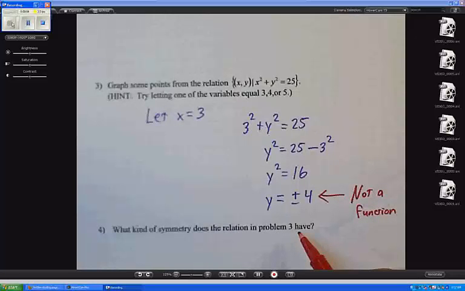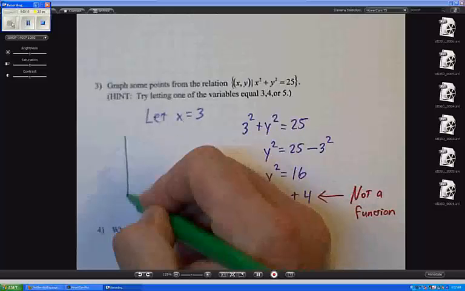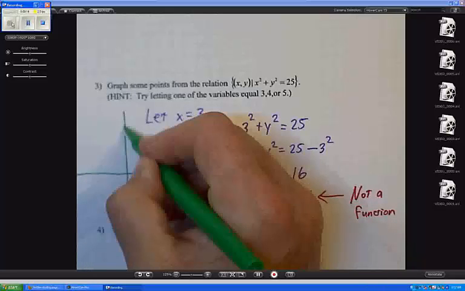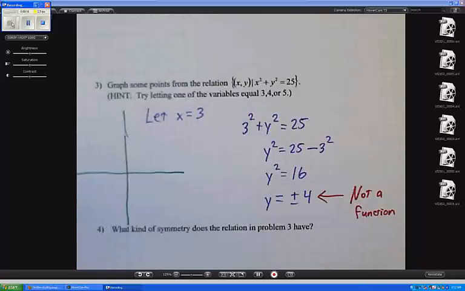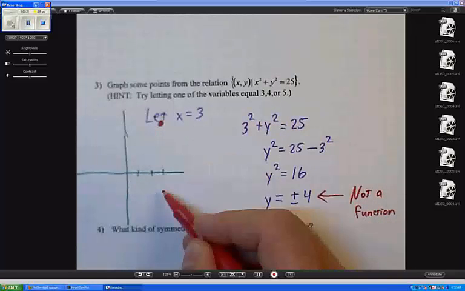Here, guys, let me draw the picture for you. When I have an input of 3, my output is plus or minus 4. So here's positive 4, but here, 1, 2, 3, 4 is negative 4.